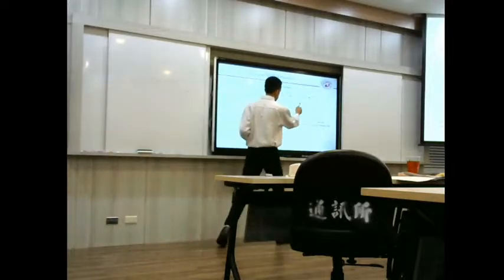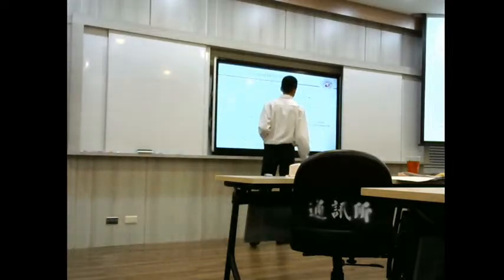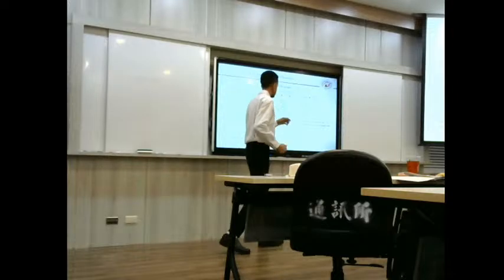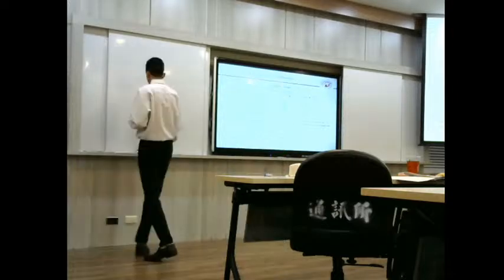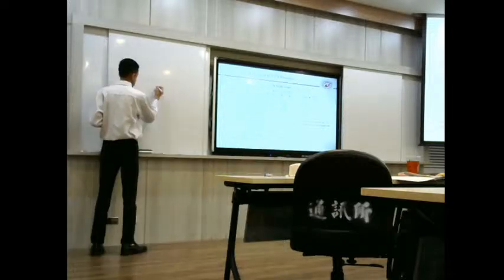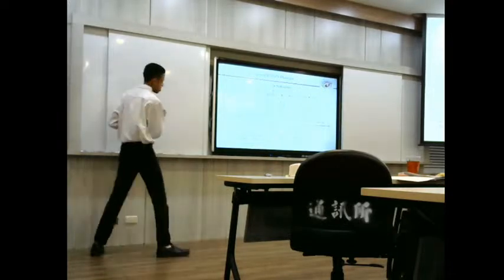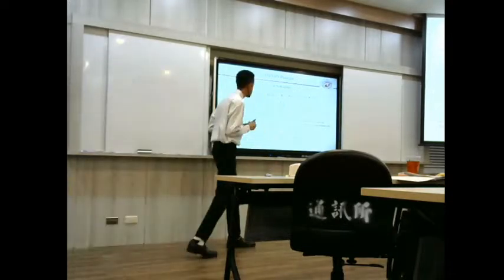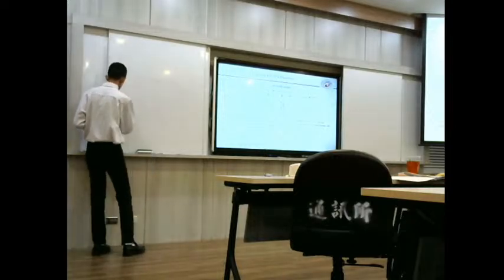The size is n, p, and s. Why does it now become p? Because the output of each time, we have bit. So the output B is like this.